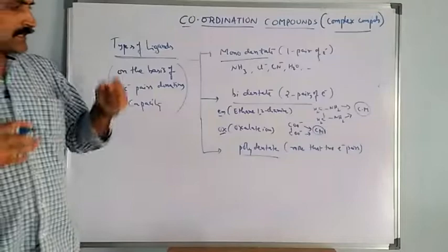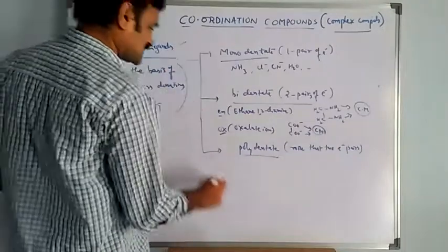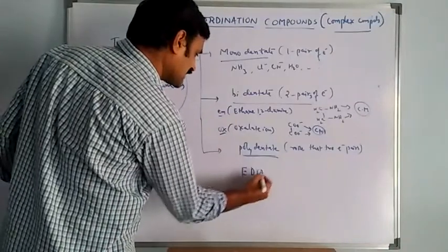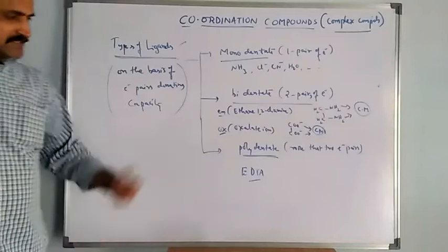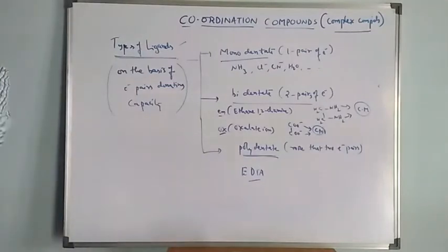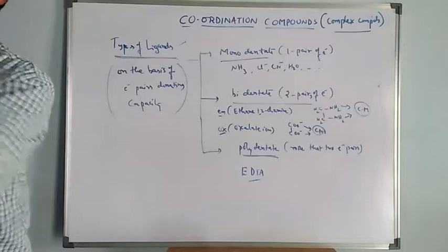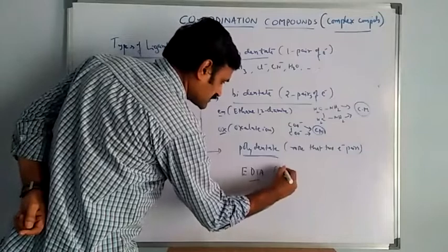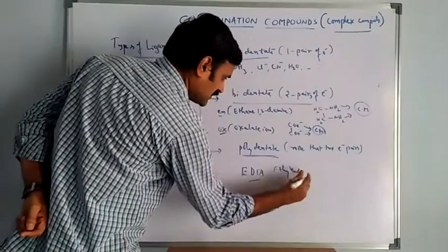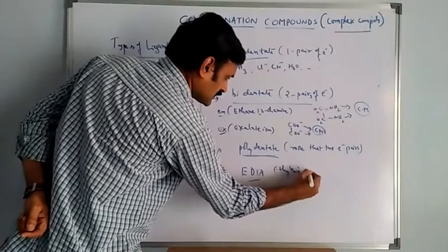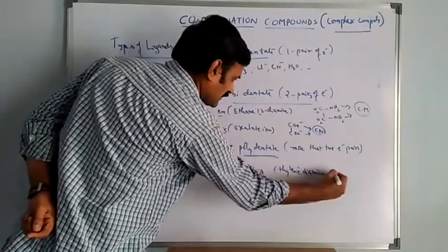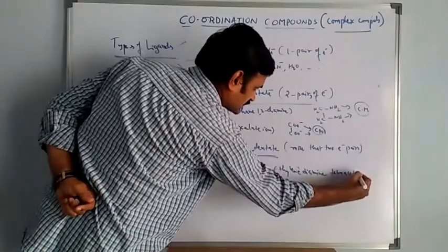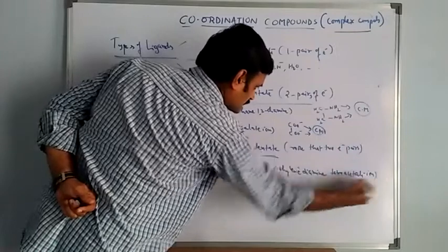Coming to the last example, polydentate ligands: EDTA is the best example for this one. That is nothing but ethylene diamine tetraacetic acid, a polydentate ligand. This is the ethylene diamine tetraacetate ion.